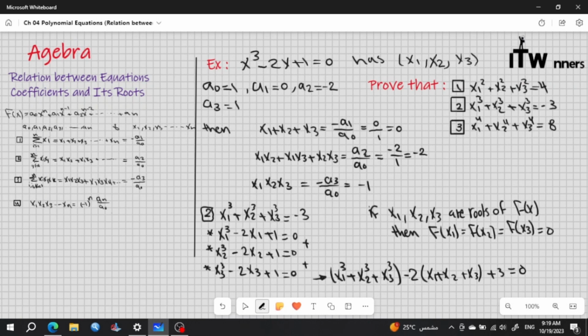Okay, x1 plus x2 plus x3 equals 0 from the first one. Then this will be equal to negative 3. So we have x1 cubed plus x2 cubed plus x3 cubed equals negative 3. The second one is proved. Okay, let's move to the last one.